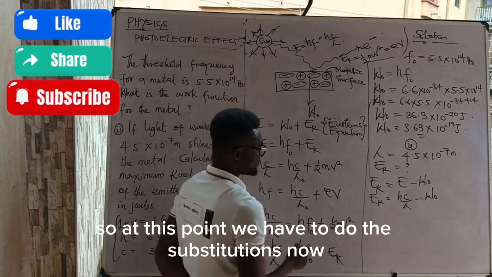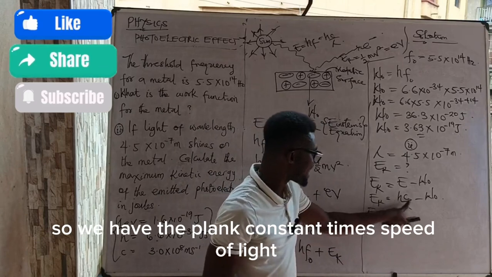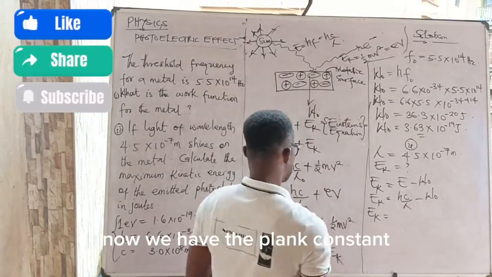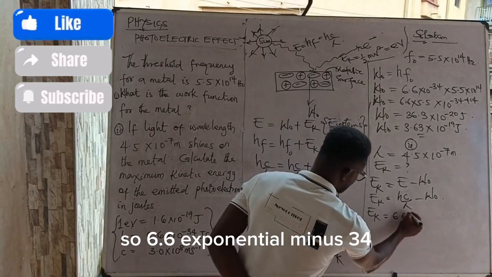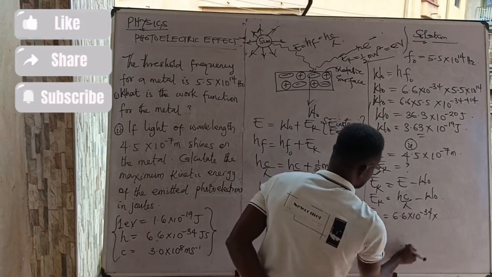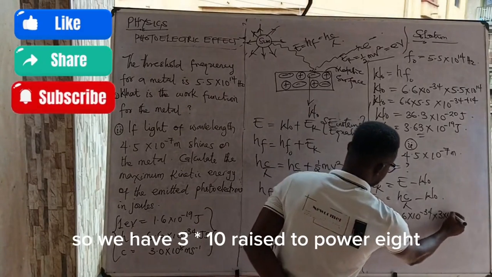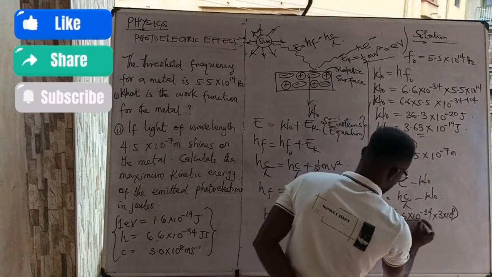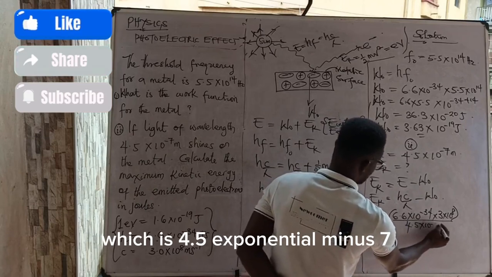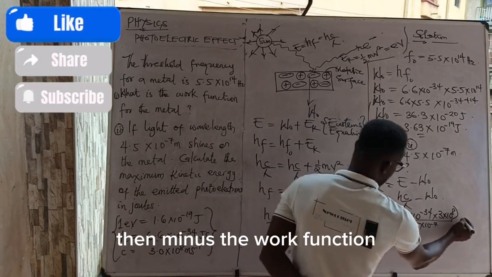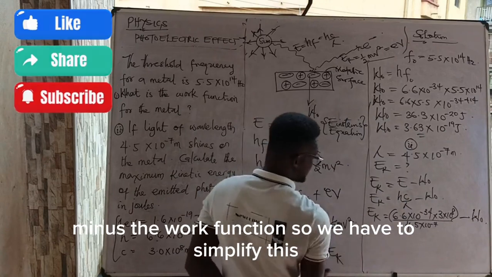At this point we do the substitutions: the Planck constant, 6.6 × 10^-34, times the speed of light, 3 × 10^8, all divided by the given wavelength, 4.5 × 10^-7, then minus the work function. Now we simplify.